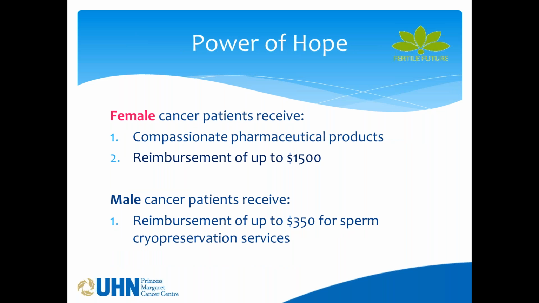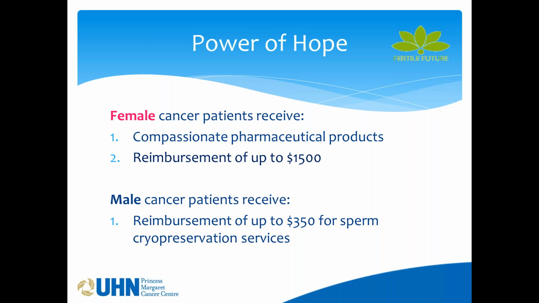So the Power of Hope program, there are different types of reimbursements for both men and women. For women, they can actually help with some of the medication costs that are associated with fertility preservation, as well as the cost of anything additional to that. And as well for men, they can reimburse of up to $350 for sperm banking.